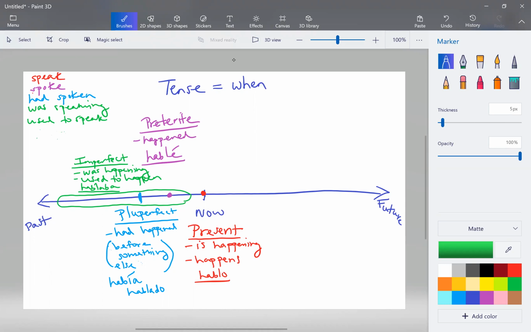What else? There's one more past tense. Okay, I'll tell you. It is the present perfect, which translates to has happened.